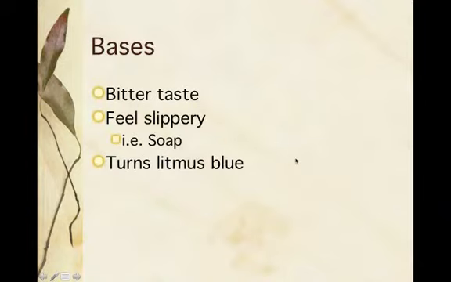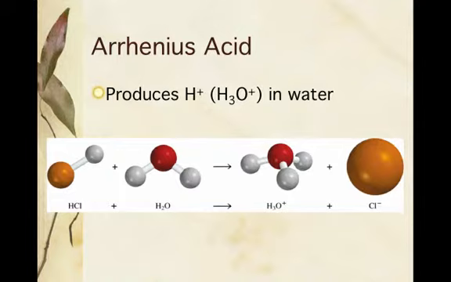And we're going to talk about 3 different definitions. There's the Arrhenius theory or definition, the Bronsted-Lowry definition, which is probably one we'll spend the most time on, and then a Lewis definition of the acids and bases.